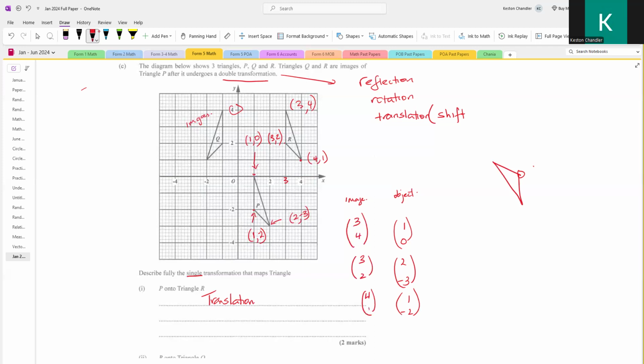Let's subtract these points and see what happens. 3 take away 1 is going to give me 2. 4 take away 0 is going to give me 4.